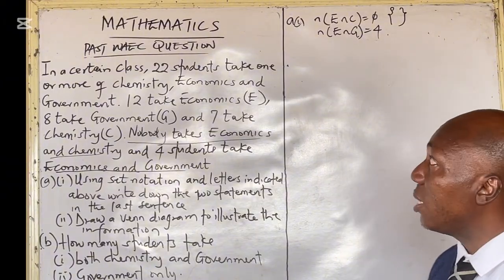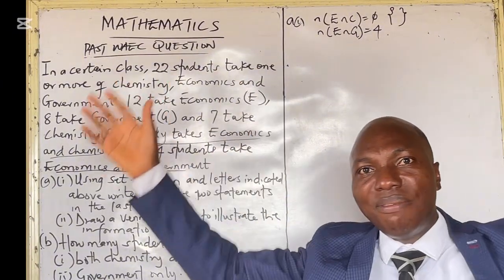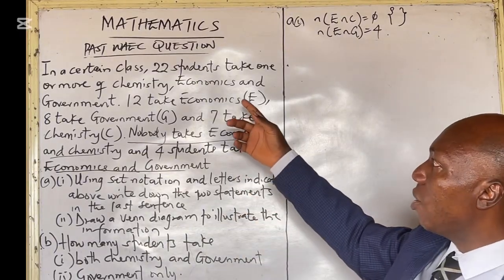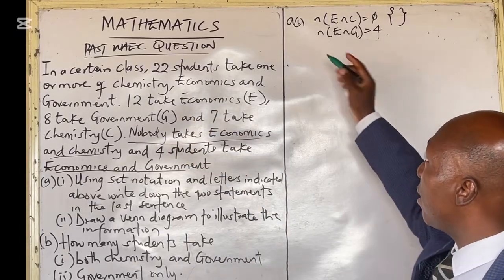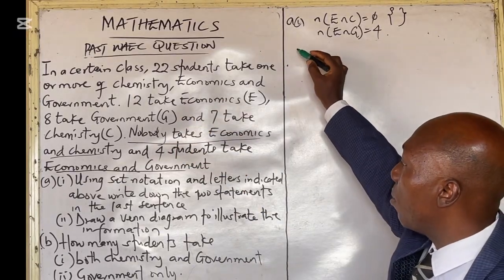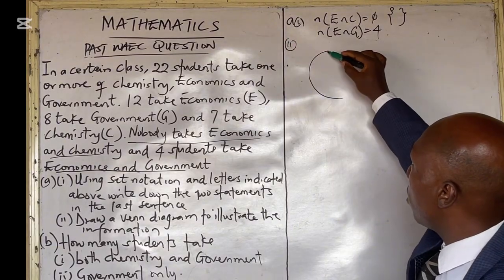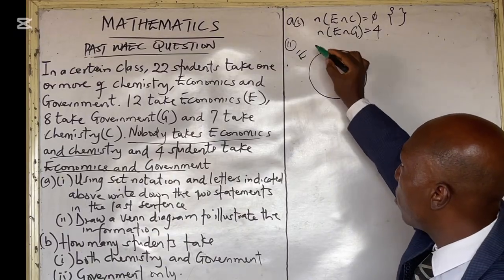In the question we were given that 22 students take one or more of chemistry, economics and government. That is, the universal set is 22. And we are told that 12 take economics. So let's draw the Venn diagram as Roman figure 2. Let's say this is economics.